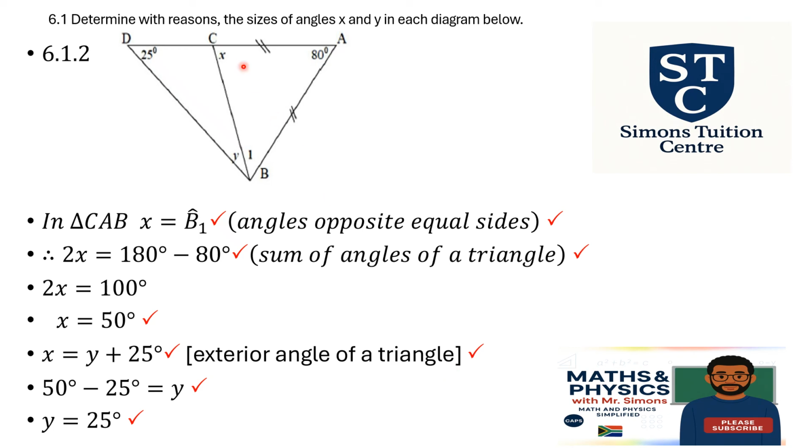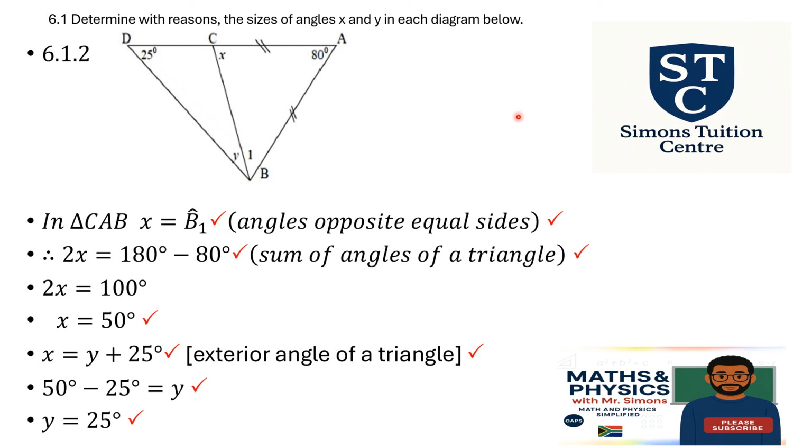Exterior angle of a triangle equals the sum of the two opposite interior angles. Not the one next to it, but the other two angles inside. X we know is 50. If I take 25 over, 50 minus 25 gives me 25, and therefore y equals 25 degrees.